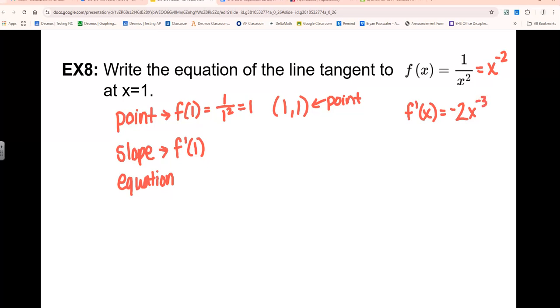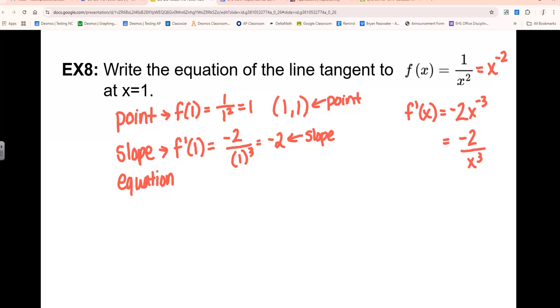Now, I would suggest in this case, it is going to be easier if you go ahead and make this negative 2 over x to the third, because you've got to plug numbers into this, and it's just easier to do if it doesn't have negative exponents in it. So, if I'm finding f prime of 1, that means I'm going to have negative 2 over 1 cubed, which is just negative 2. There's my slope.